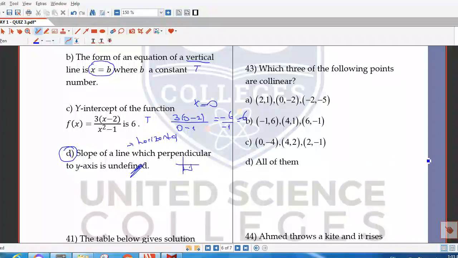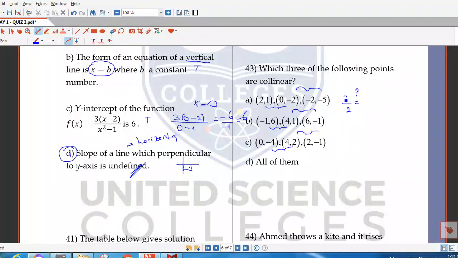Which 3 points are collinear? So we have to find the slopes 2 by 2, first and second, second and third. I can use this logic for all, second and third, and let's compare the slopes. Slope of the first choice, the slope passing through the first and second point, difference of y, 1 minus 2 will be 3 over difference of x, 2 minus 0 is 2.